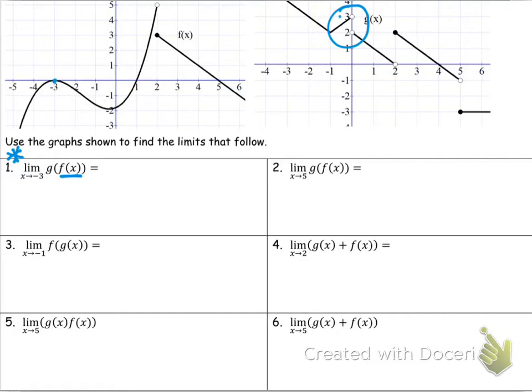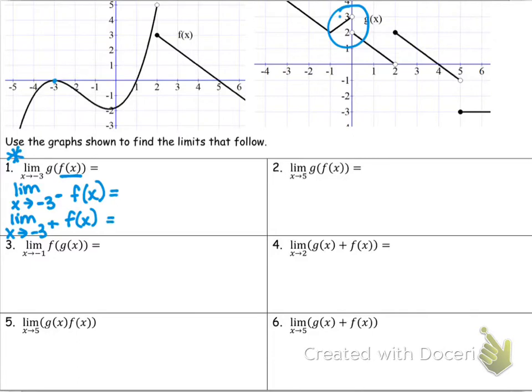We're going to find the one-sided limits, because you guys know in order for the limit to exist, the left and the right-hand limits must be equal. So we're going to take the limit as x approaches -3 from the left of f of x first, and then from the right of f of x.